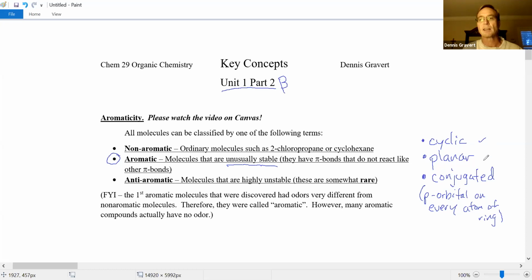So in this cyclic portion of the molecule, which has to be flat, every atom has to have a p orbital. Why? Because you need a Huckel number, a special number of pi electrons to be able to fly through anywhere above and below the plane of that ring in these p orbitals.